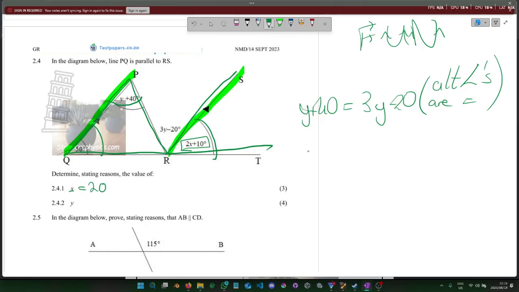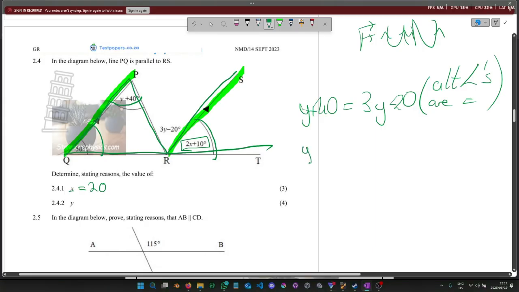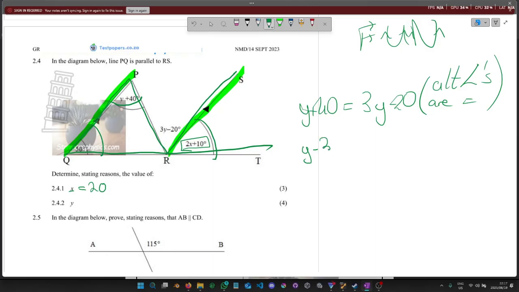So let's see. The y is on the one side, so that's y minus 40. y minus 3y is equal to minus 20 minus 40. That's going to be minus 2y. That's going to be minus 60.